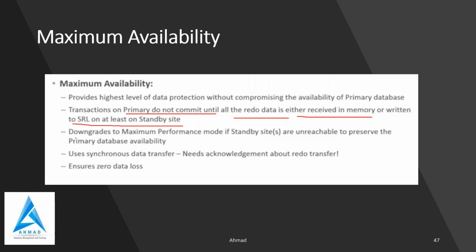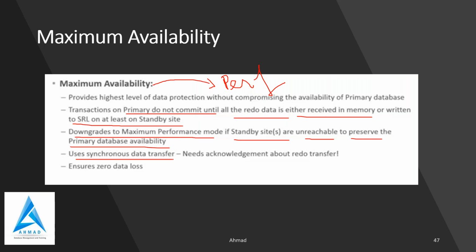This is one condition. It downgrades to maximum performance mode if the standby is unreachable, to preserve the availability of the primary database. So it can go from availability to performance if the standby is not reachable. Got it? Synchronized data transfer needs acknowledgement about redo transfer, and it ensures zero data loss. So that is maximum availability.